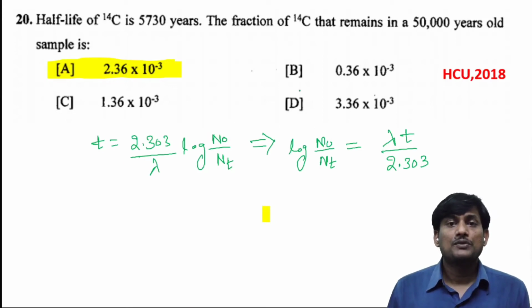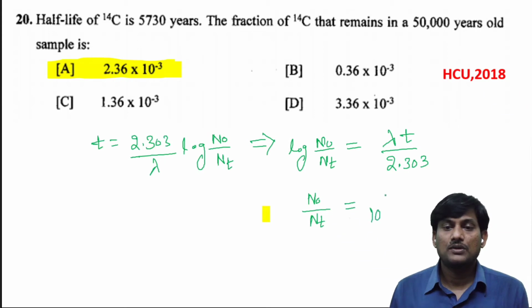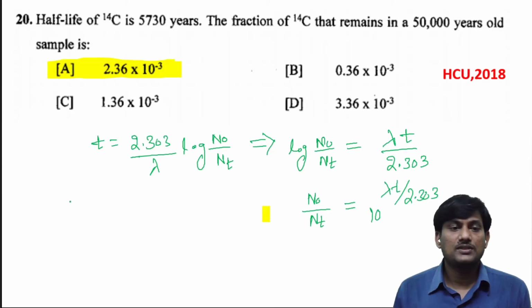And here we have to calculate the fraction of 14C that remains in a 50,000 years old sample. Okay. So here N naught by Nt is equal to 10 to the power of lambda t divided by 2.303. The fraction of 14C means Nt by N naught will give the fraction of 14C.